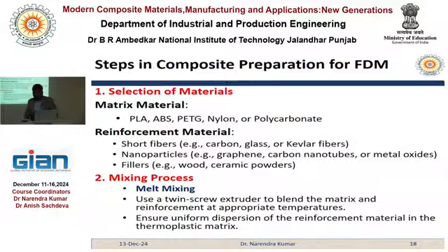And then I will select my reinforcement material also, right? Then in order to mix both the materials, matrix material and the reinforcement, I can go for melt mixing directly, or else I can go for solution based mixing, solvent based mixing.